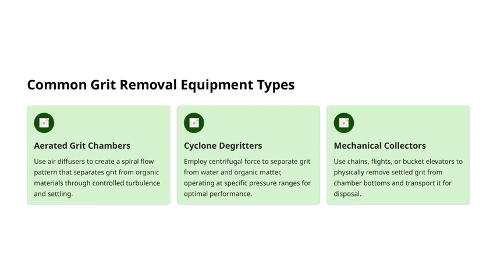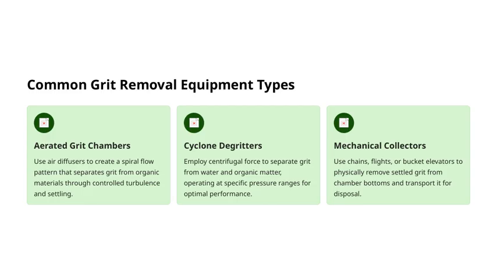Next, we have cyclone degritters. These devices rely on centrifugal force to separate grit from water and organic matter. They operate at specific pressure ranges to optimize performance, ensuring that grit is efficiently removed without disrupting the flow. Finally, mechanical collectors come into play.